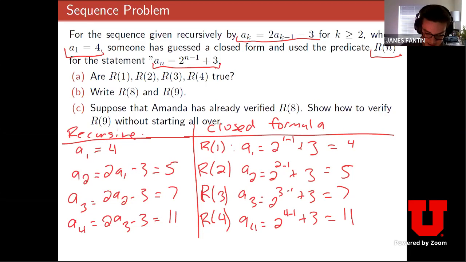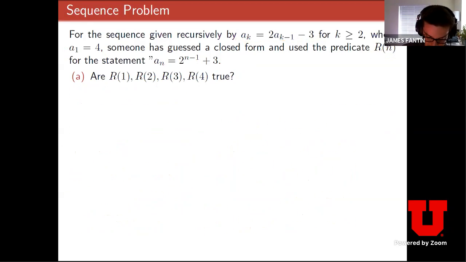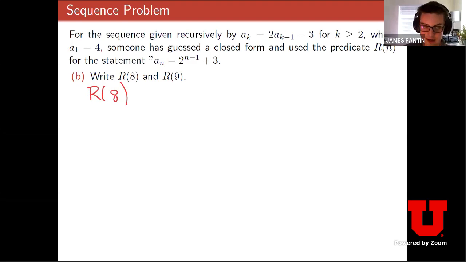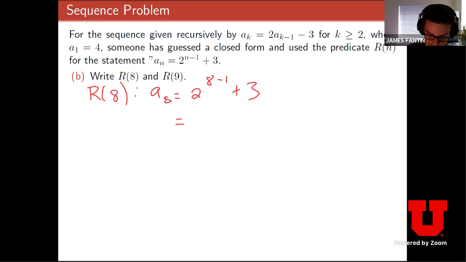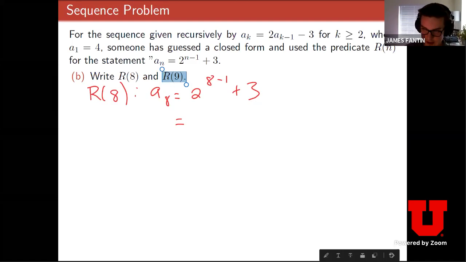Next, we're asked to write R8 and R9. So let's get another page here and write those out directly, using the closed form formula. For R8, we're given that a8 is equal to 2 to the 8 minus 1, plus 3. So we've got 2 to the 7 plus 3, and that's 131.